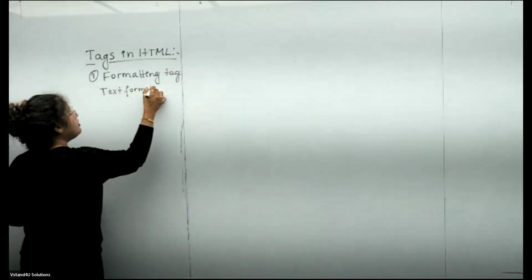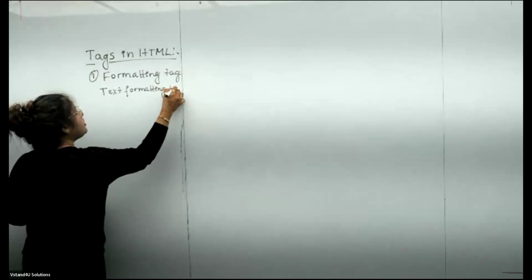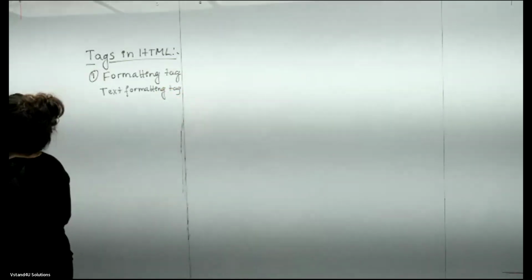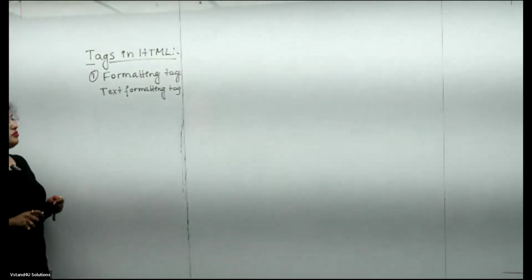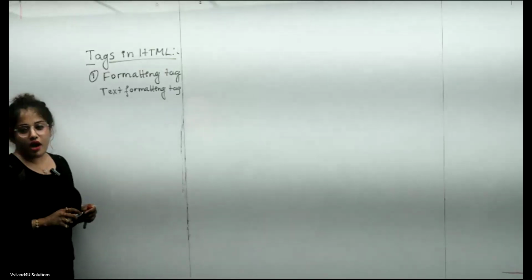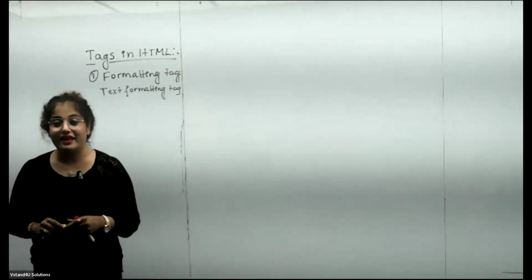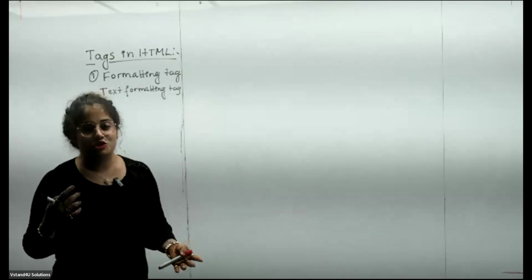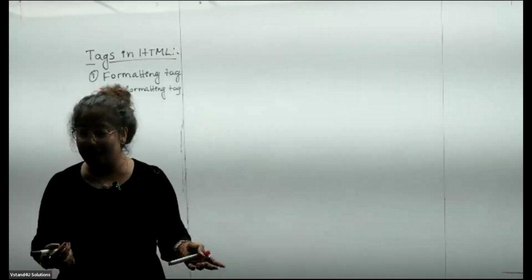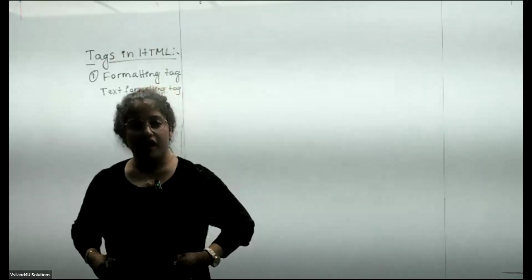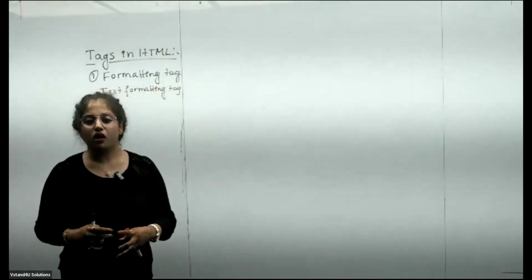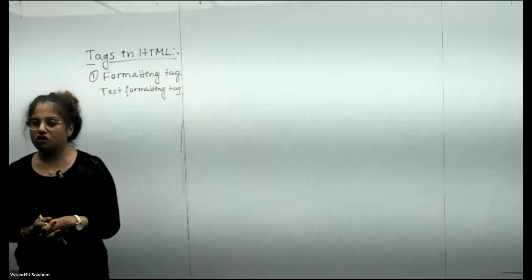Clear? What are the different types of text formatting tags? You have bold, mark, italic, emphasis, strong, strike, superscript, subscript, break, and HR tag, that is your horizontal tag.